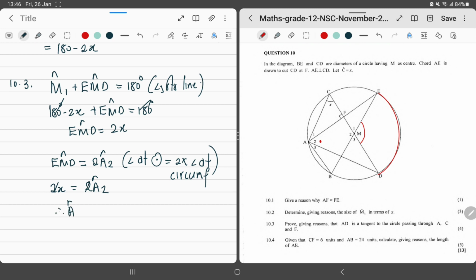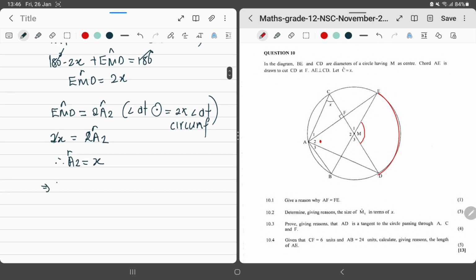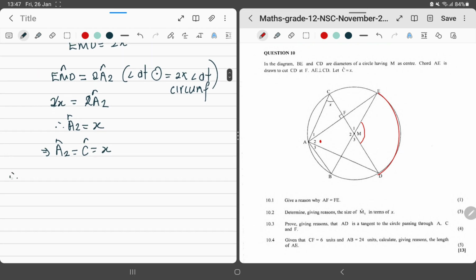Therefore, A2 is equal to x. This means that A2 is equal to C, which is equal to x. Therefore, AD is a tangent, and this is because of the converse of the tan-chord theorem.